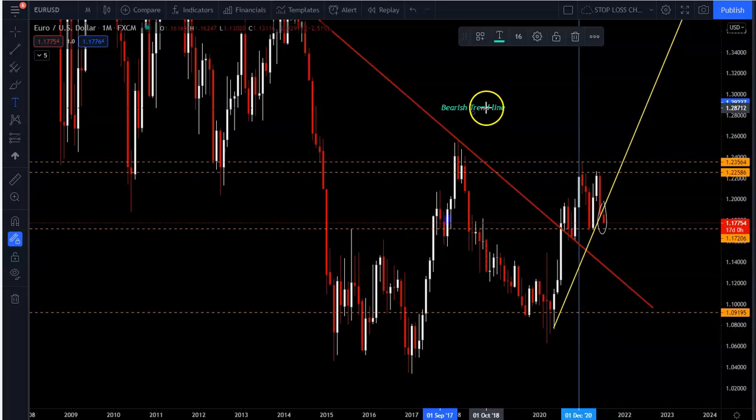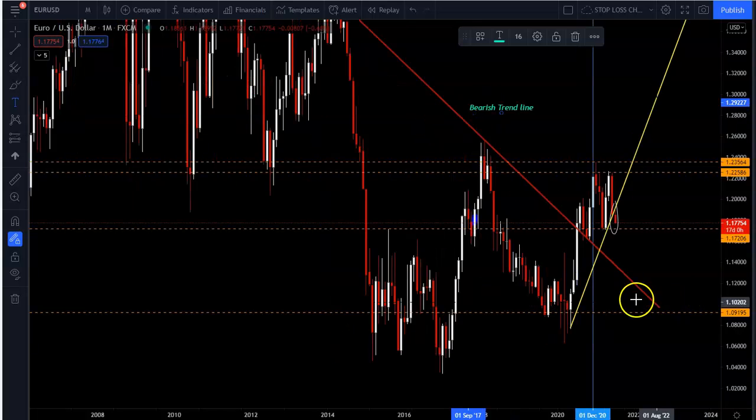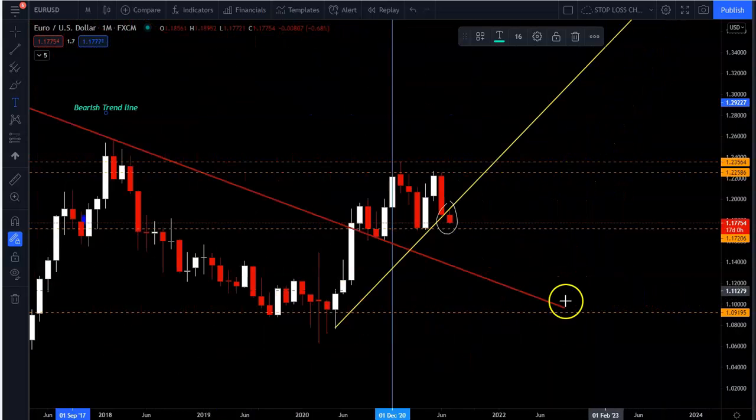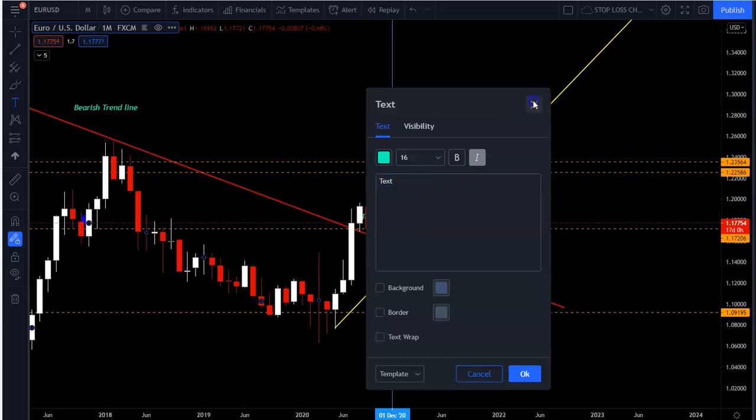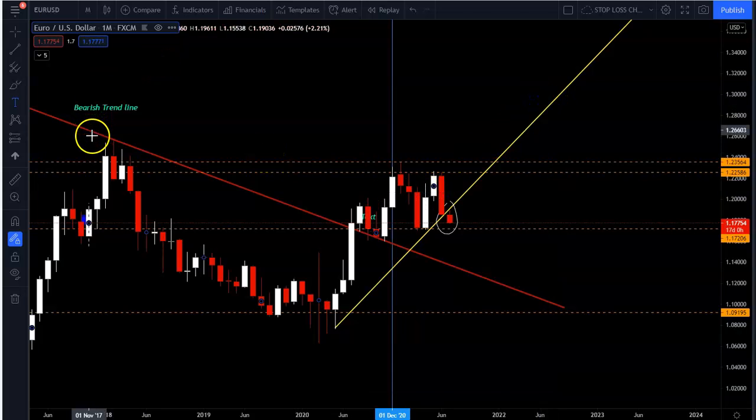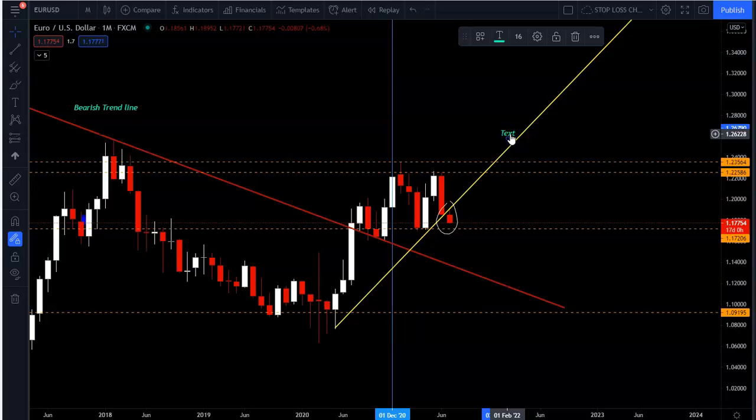So we have that here. This is a bearish trend line. When the market began moving upward and we see higher highs in this area, we're going to acknowledge this area as our change in the market.